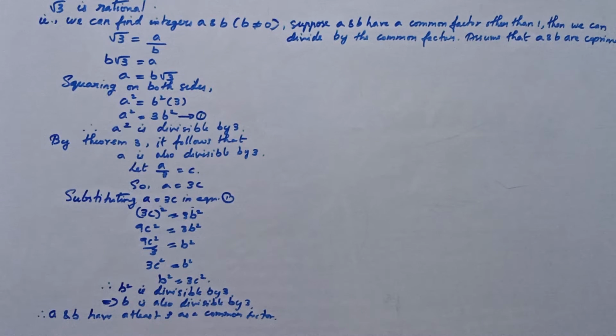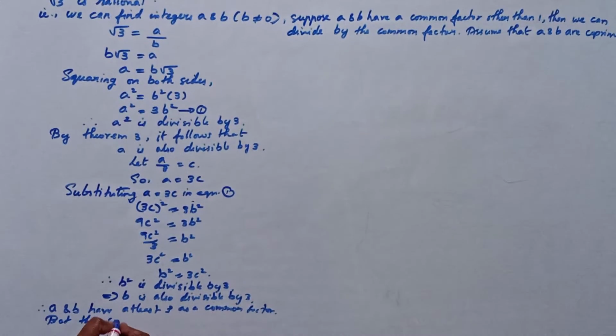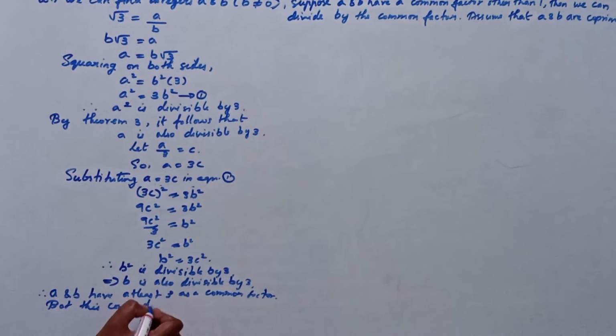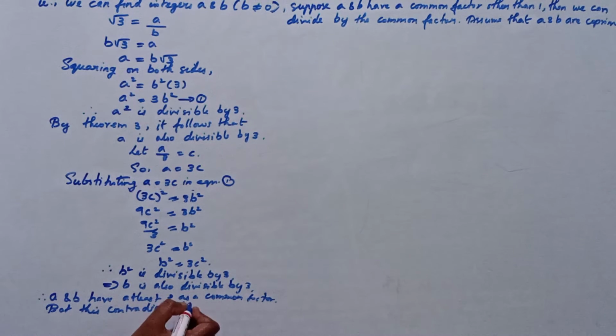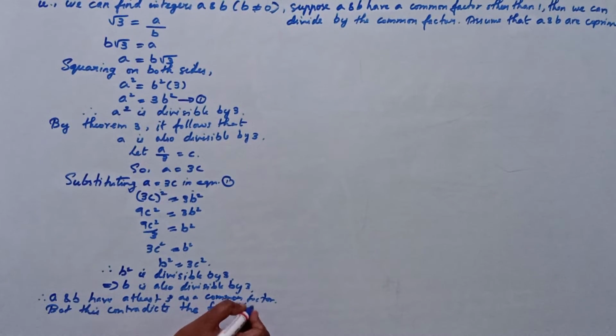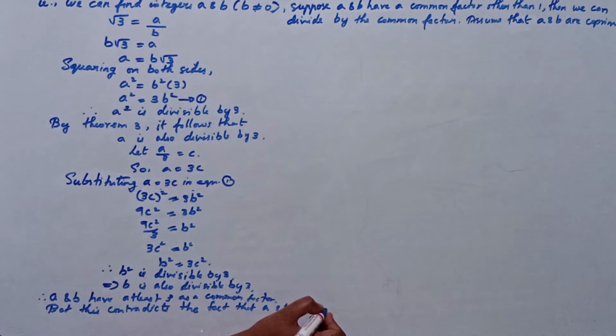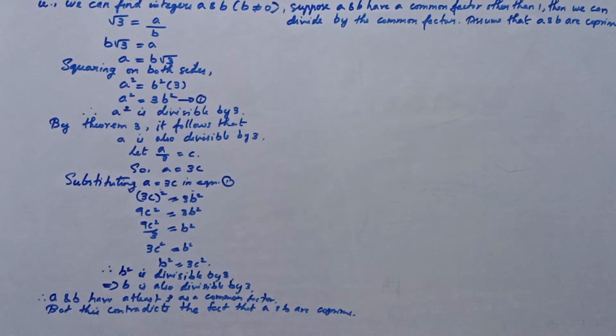So this contradicts the fact that a and b are co-prime, right? We have assumed that a and b are co-prime.